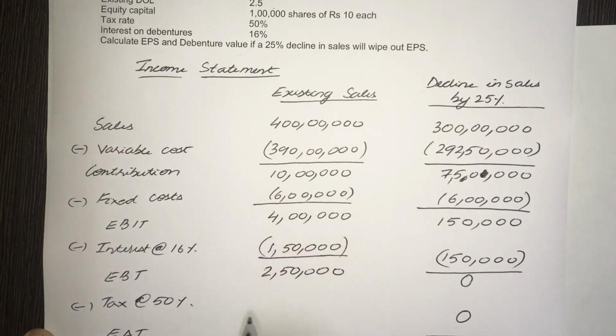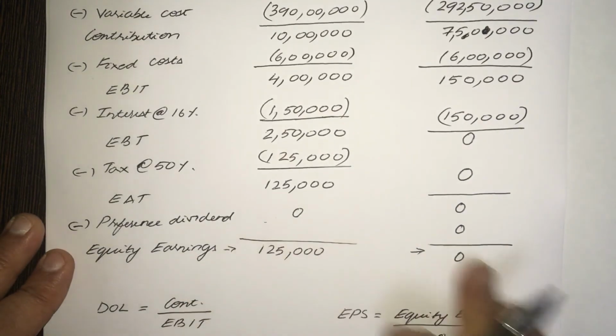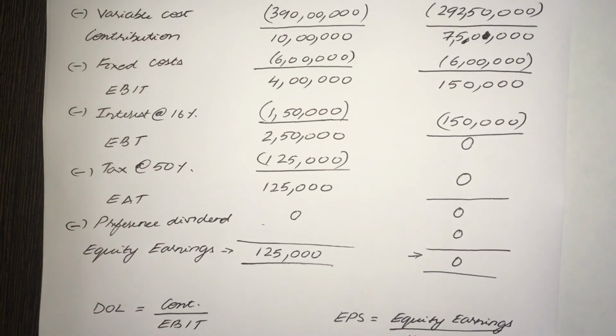Tax rate is 50%, so it will be 1 lakh 25,000. So EAT will be 1,25,000. No preference dividend, so your equity earnings is 1,25,000.